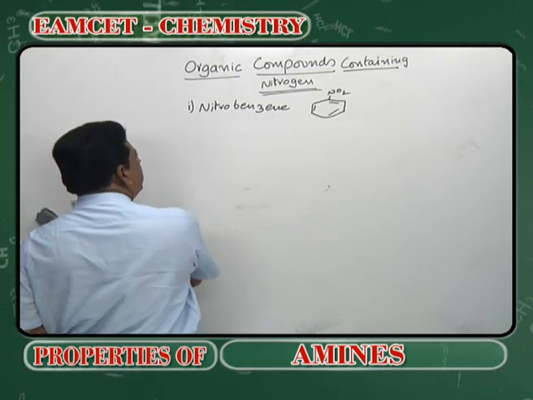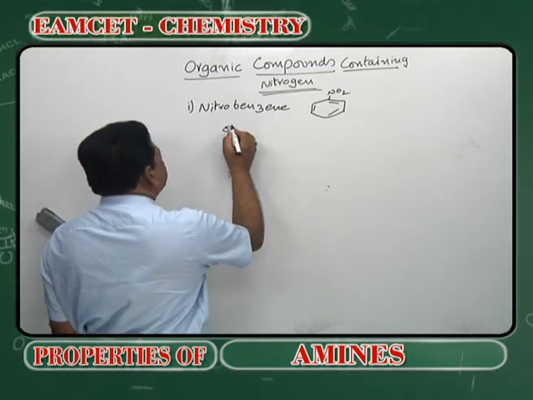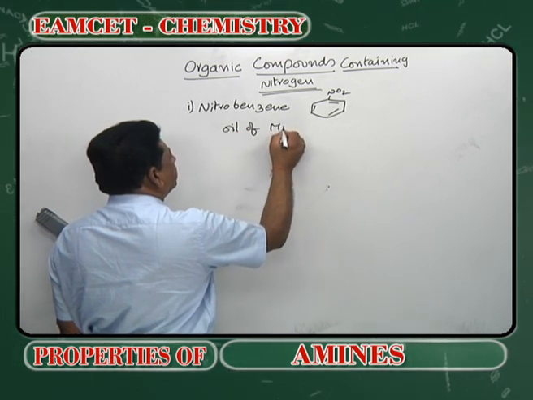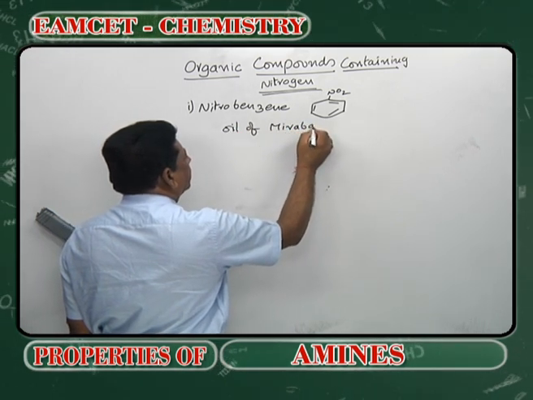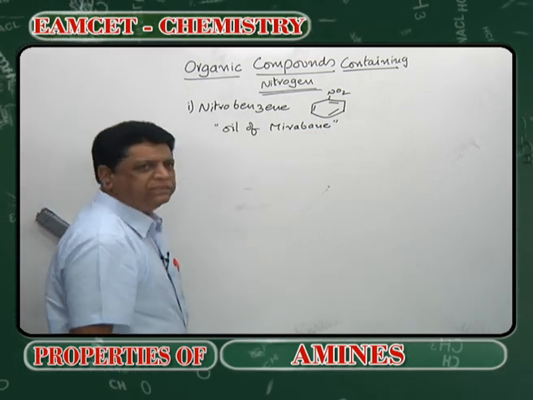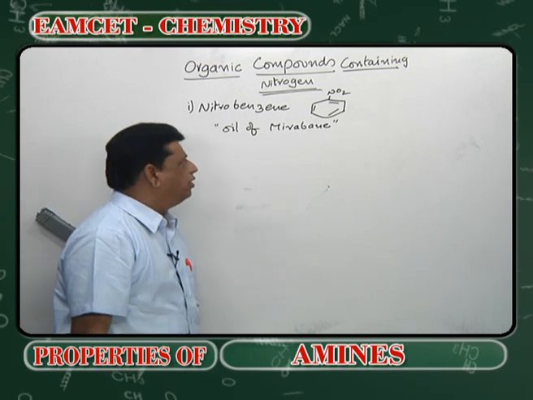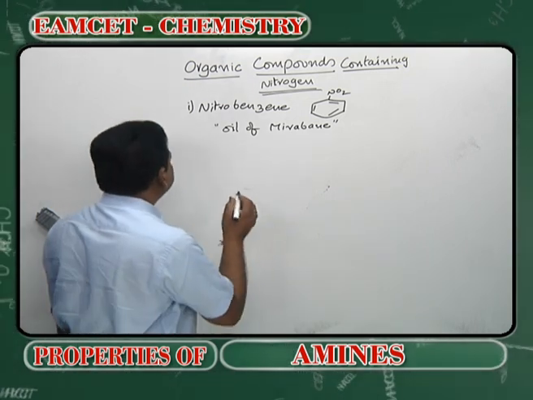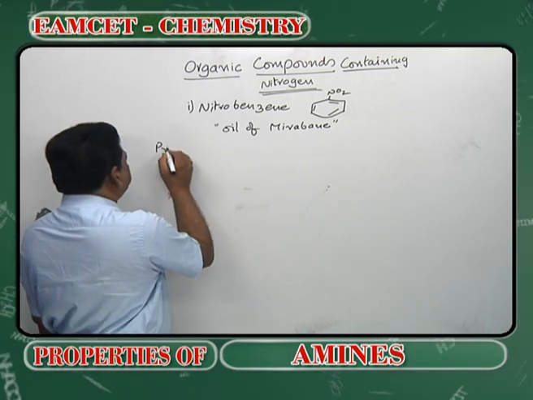Nitrobenzene has a common name, also called oil of myrbane. It's a yellow viscous liquid, resembles vegetable oils, therefore it is also called oil of myrbane. How is this compound prepared?